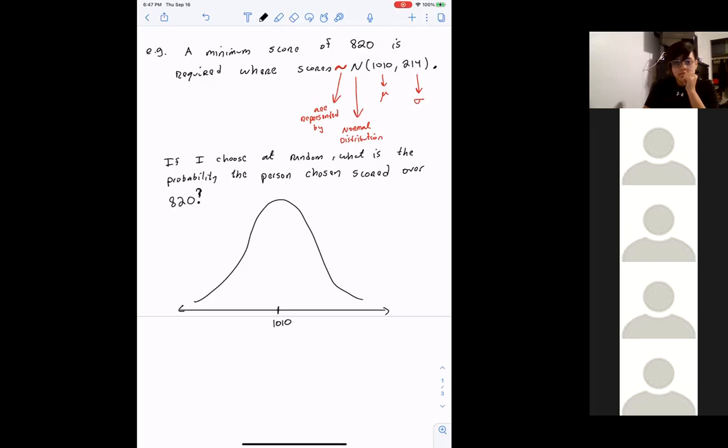About where your graph makes a sharp turn. Well, it'll be on one side. I can go one deviation to the right and one deviation to the left. 820 is to the left, so that's the side that I care about for this problem.